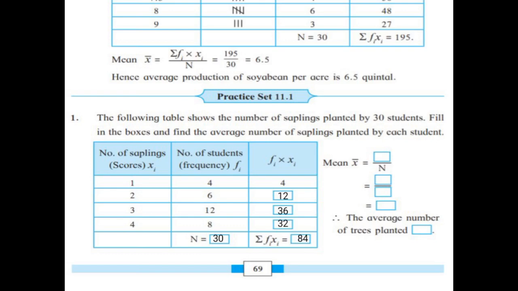Now you have to use the formula of mean. The formula of average or mean is sigma fi xi upon n, that is equal to 84 upon 30. Now you have to divide 84 by 30. 3 2s are 6, so 60. 84 minus 60, answer is 24.